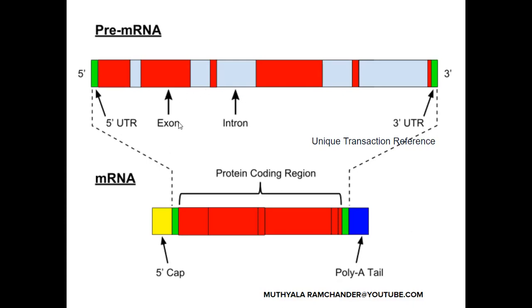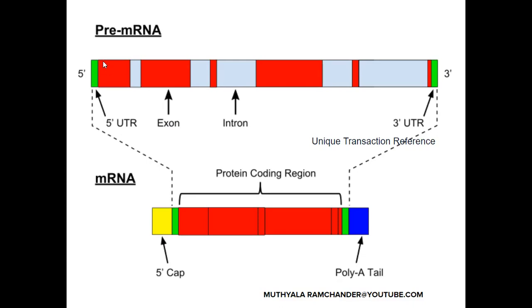We know the meaning of exons and introns. Introns are non-coding regions of mRNA. Exons are the coding regions of mRNA. So exons are the important portions for synthesis of proteins, hormones, enzymes, or any other secondary metabolic chemical. Exons are important; introns are not important in mRNA.